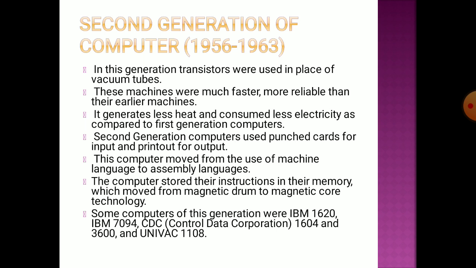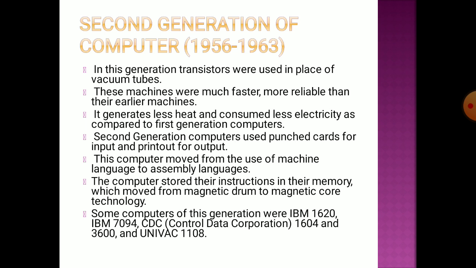So you have to remember, in your second generation the technology we use is transistors. The speed is very fast. We can rely on second generation computers. It generates less heat if you compare with your first generation. And two more points you have to remember: the storage capacity has been increased and the size has been decreased compared with the first generation computer.